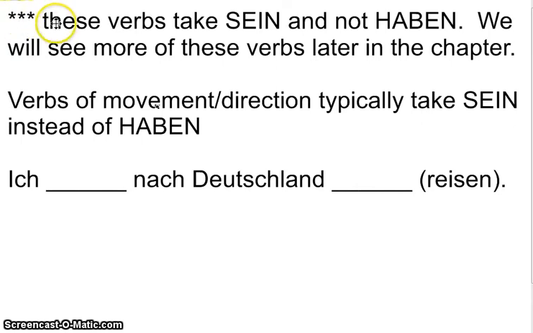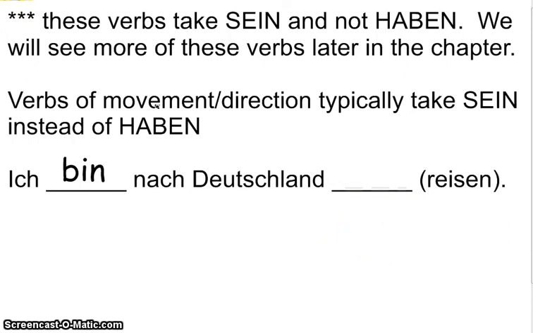So the ones that have the triple stars, they use sein and not haben. We see more of these when we talk about the irregular ones later on. This is because they show movement or direction. And so because they show movement or direction, those typically take sein. So reisen is one of those. So instead of saying ich habe, you would say ich bin. You just conjugate to be. Ich bin, du bist, er, sie, es ist.